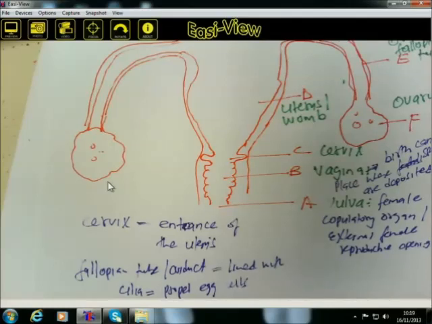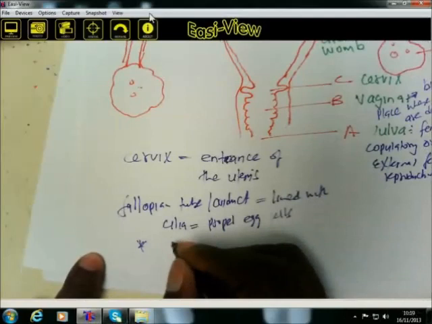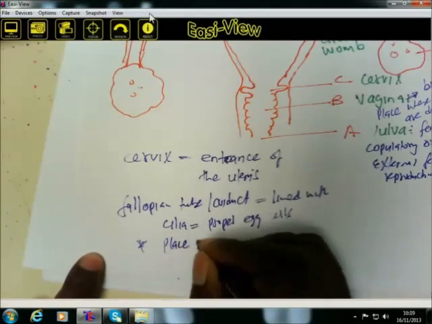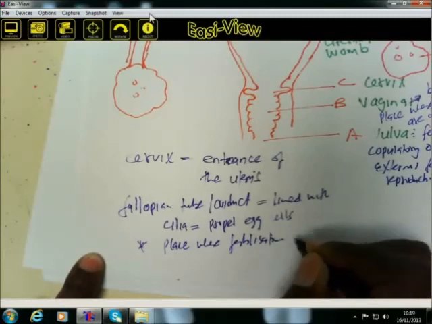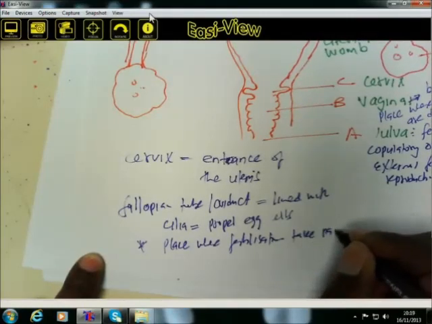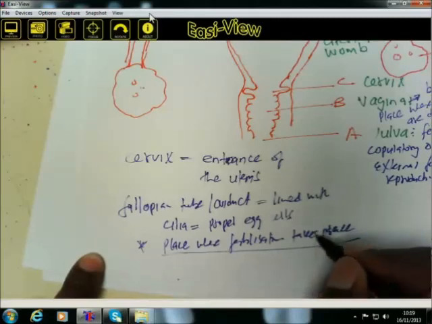Now the main function of the fallopian tube here is that it is a place where fertilization takes place.